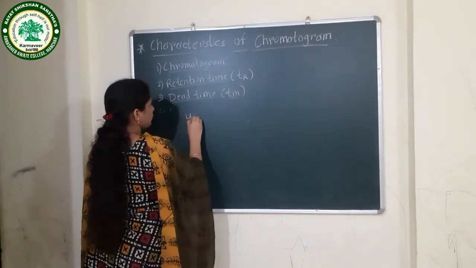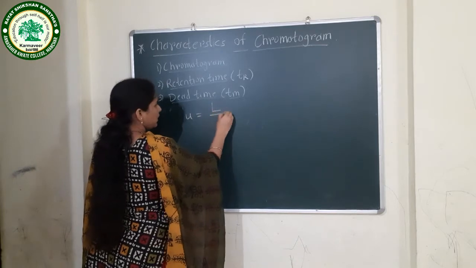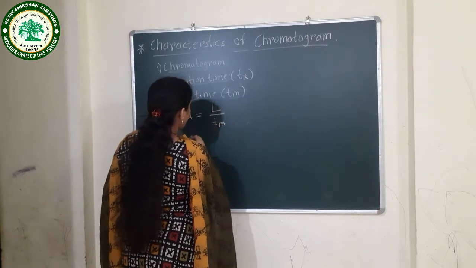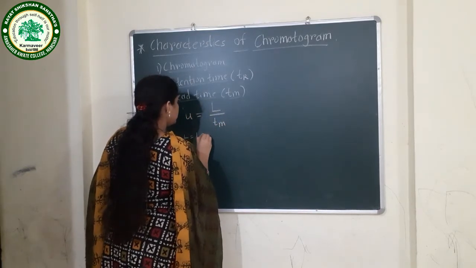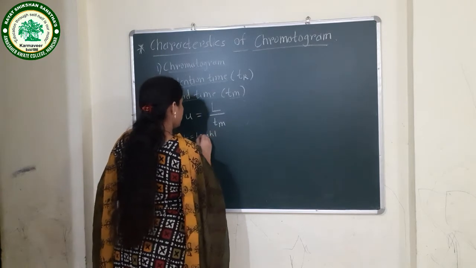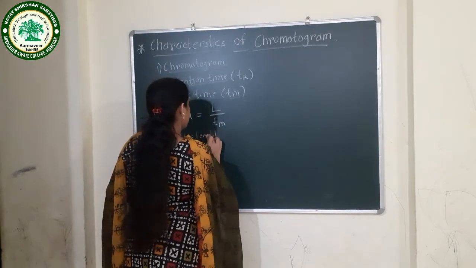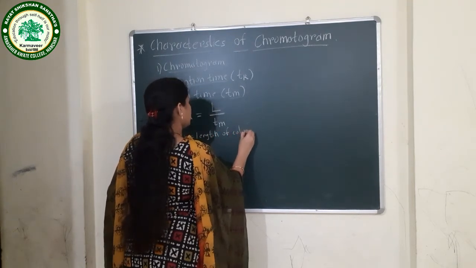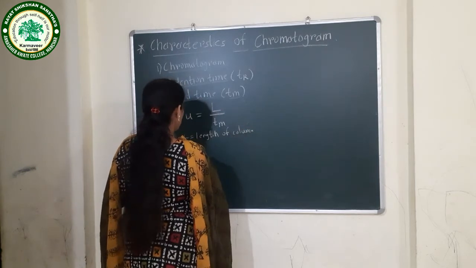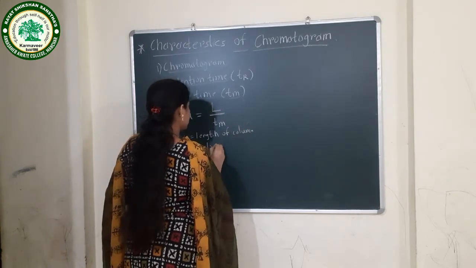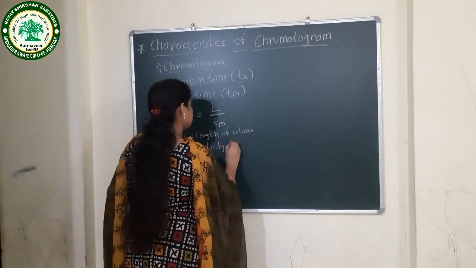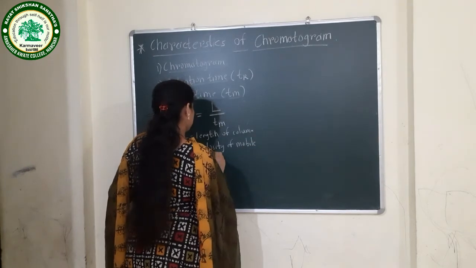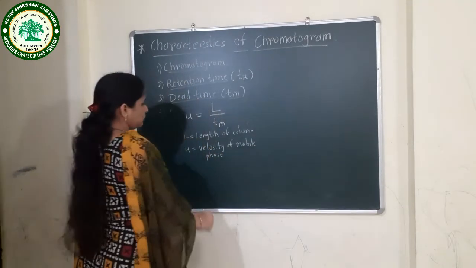Now the velocity of the mobile phase is given by the equation u is equal to L upon TM, where L is the length of the column and u is the velocity of the mobile phase. Now this is for the mobile phase.